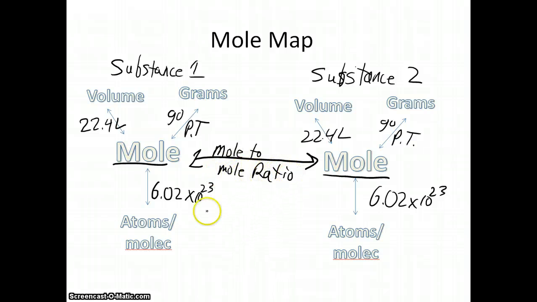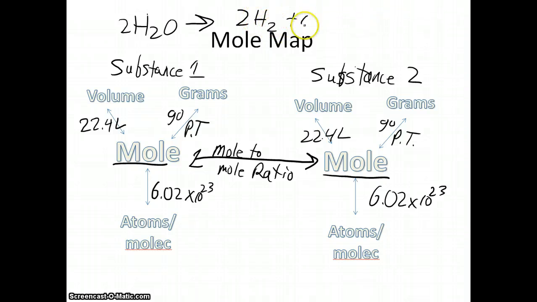The mole-to-mole ratio basically is, if I have so much of this, I need so much of this in turn. So if we're thinking of water, we've got 2H2O, and we can say that decomposes to 2H2 plus O2. This is a balanced equation.